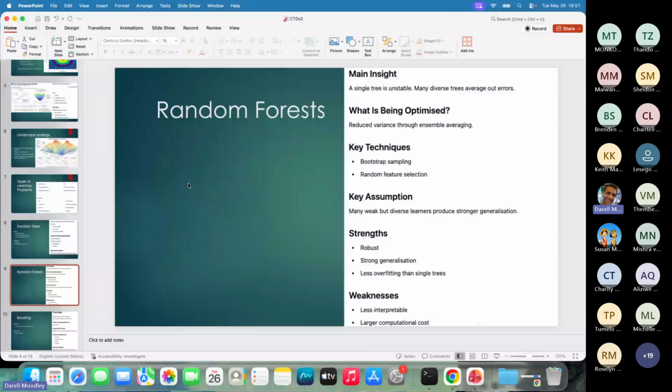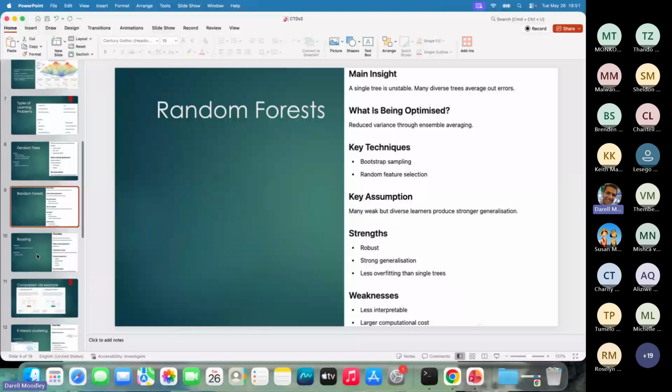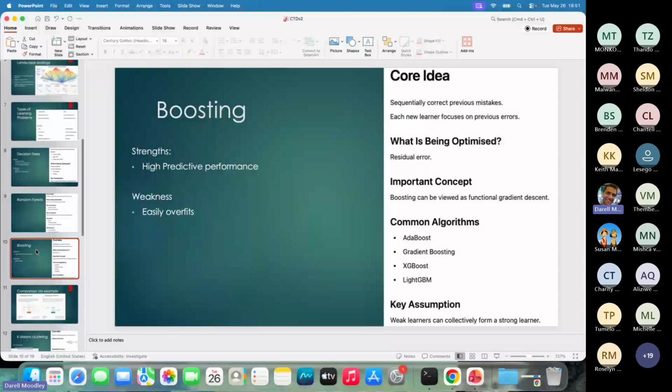Now, the other model that combines many trees is boosting. The difference between boosting and random forest is that for random forest, you could have each tree trained almost on a different computer, and then you just combine them together. That's the analogy I think of. Whereas with boosting, you couldn't do that.